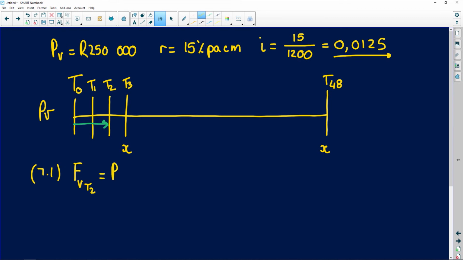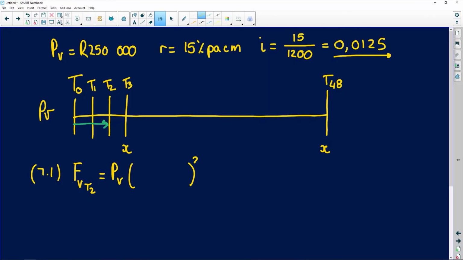Now that is the present value with this as a normal compound interest sum, folks. Nothing happened in those 2 periods. No payments, nothing. So it goes forward at compound interest for 2 months.